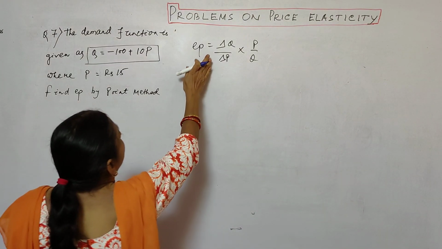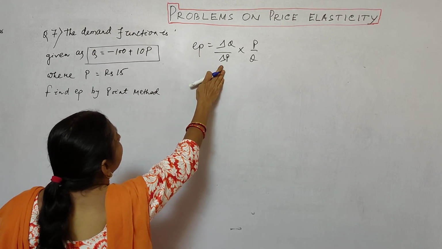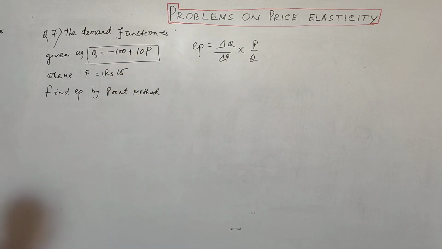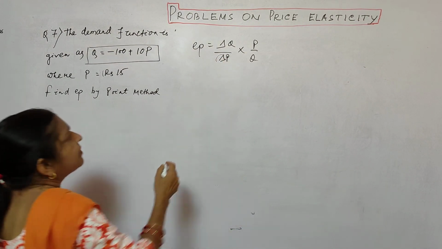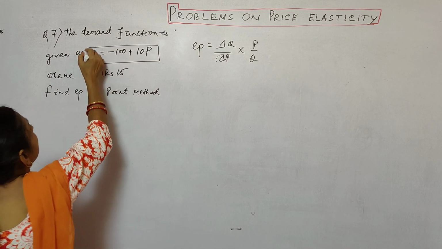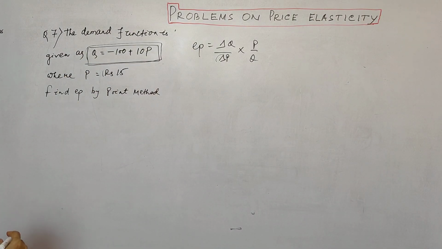We do not have the value of delta Q, neither the value of delta P, neither P nor Q directly. The value of P is here, but the change in price, P1, is not given. The value of Q is given in a different form, Q1 is not given, so delta Q cannot be found directly. So how will we calculate the value of EP in this case?